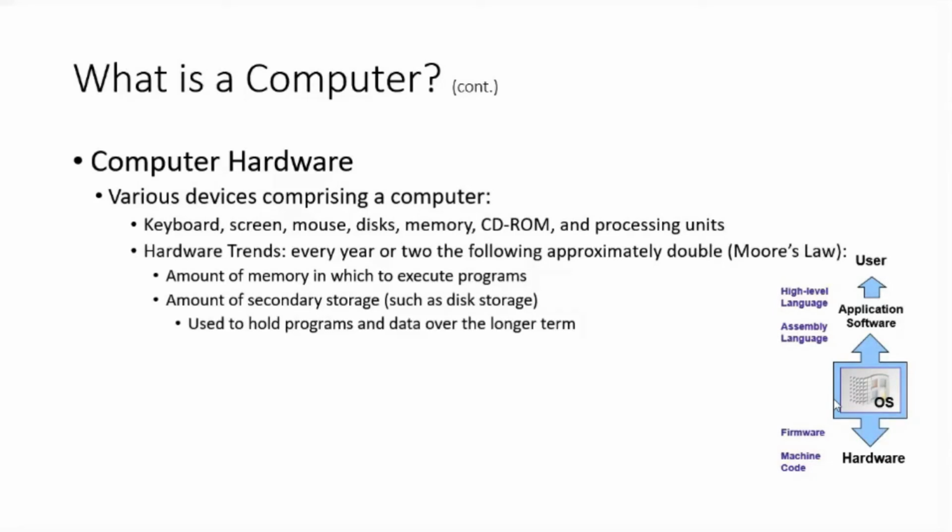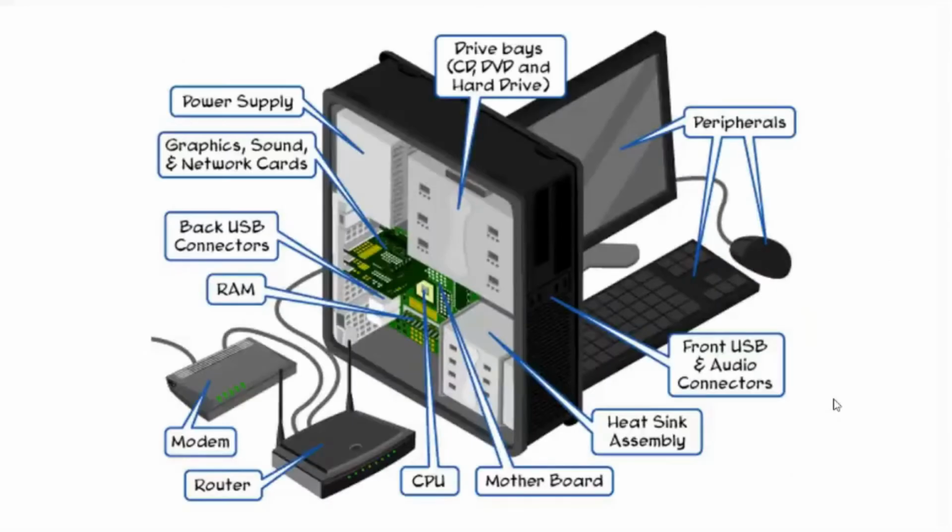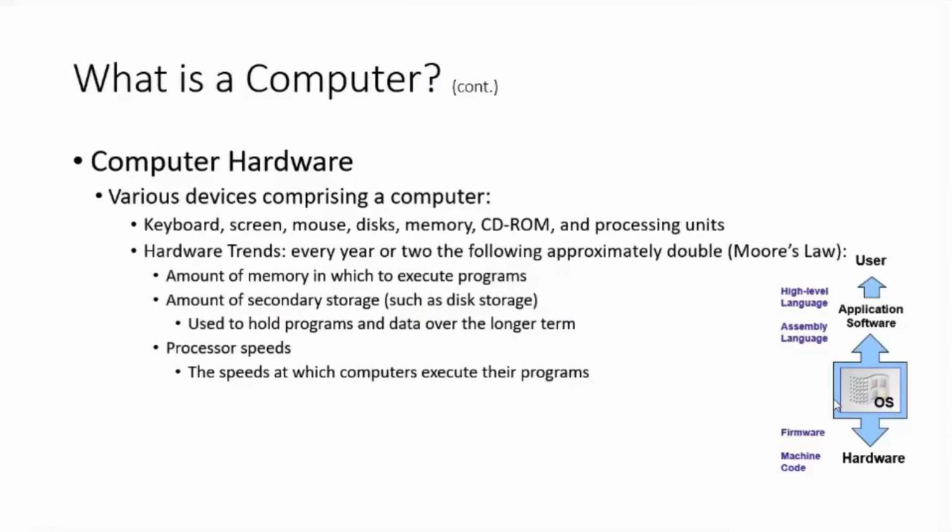The secondary storage devices are used to hold programs and data. Then the processor speed, the speed at which computers execute their programs, also doubles. So the hardware trend is that every year or two these things double. That is Moore's law.